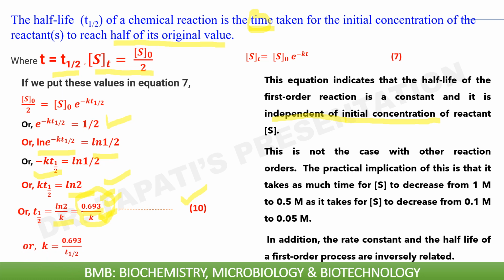From equation 10 we can calculate the k value also. So k value is equal to 0.693 divided by t half. So rate constant is also inversely proportional to t half.